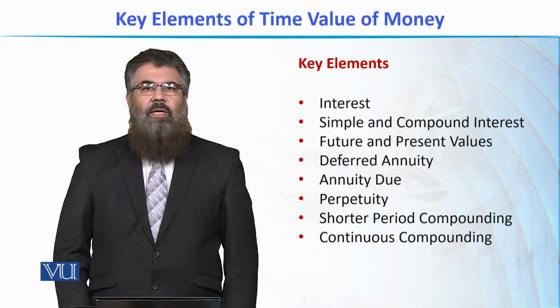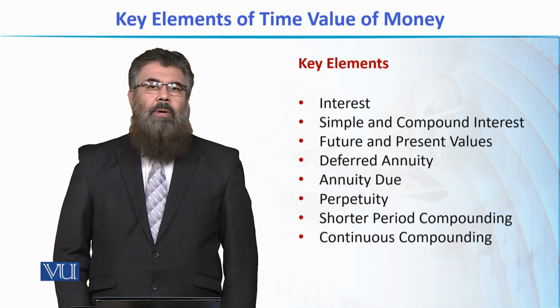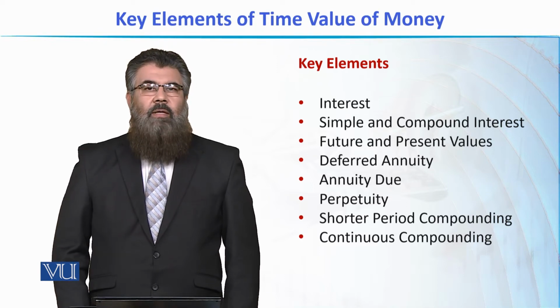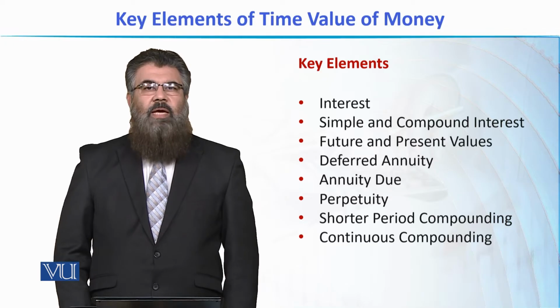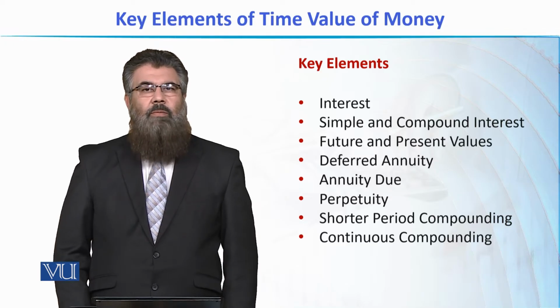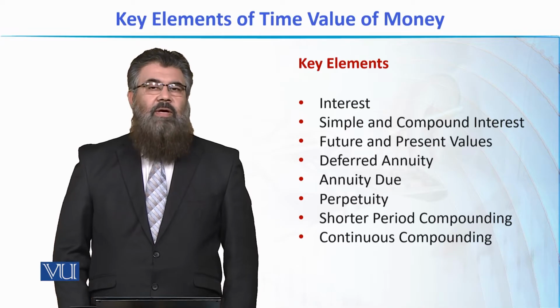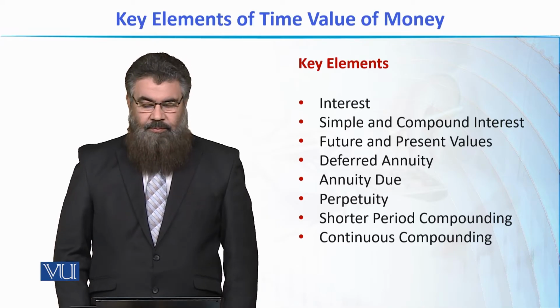Interest is calculated in two different ways. One is the simple interest, and the other one is compound interest. Simple interest is the interest calculated on the principal amount invested, whereas the compound interest is the interest on the principal as well as the interest earned.